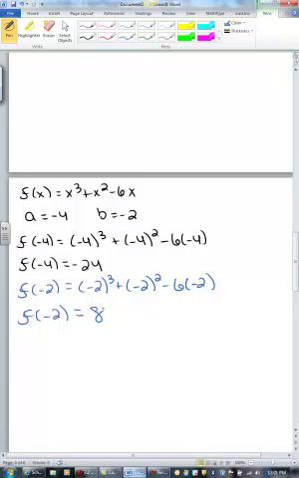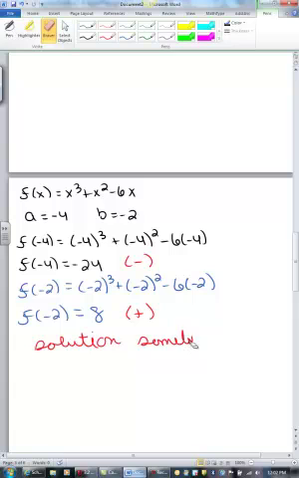So because f of -4 is negative and f of -2 is positive, the intermediate value theorem states that there is a solution somewhere between -4 and -2.